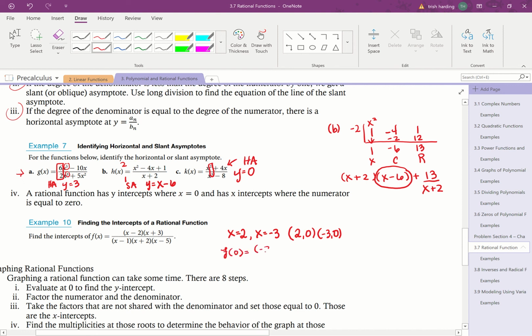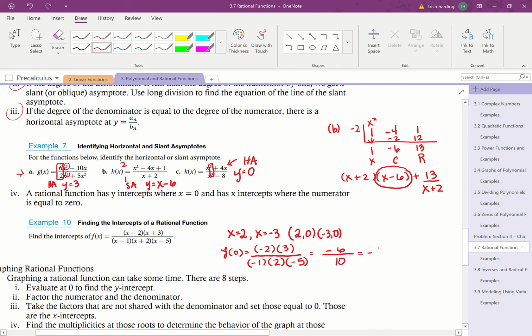So 0 minus 2 is -2, 0 plus 3 is 3, 0 minus 1 is -1, 0 plus 2 is 2, 0 minus 5 is -5. So now we're going to have -6 over -5 times -1 is just +5 times 2 is 10.